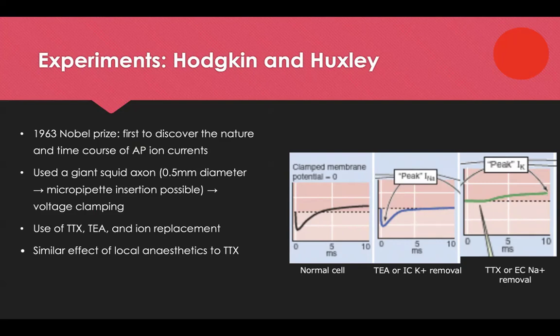So TTX, TEA, and ion replacement, like I said. We'll talk a little bit about what those different toxins are when we get into thinking about the NMJ, but it's worth thinking that they're quite similar in their effect to a local anesthetic.